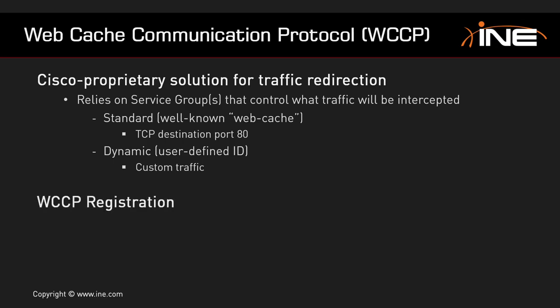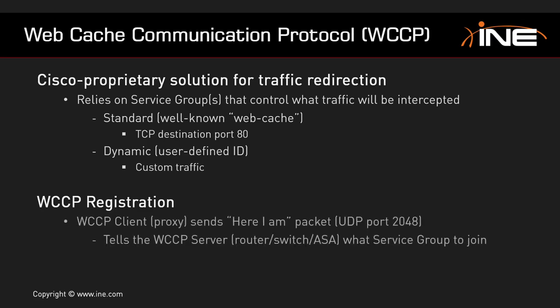And now, in order for the proxy and the redirection device to agree on what communication should be intercepted and sent to the WSA, the WCCP client, which is our WSA, and the WCCP server, which is our redirection device, router, switch, or ASA, will have to agree on the WCCP service group settings.